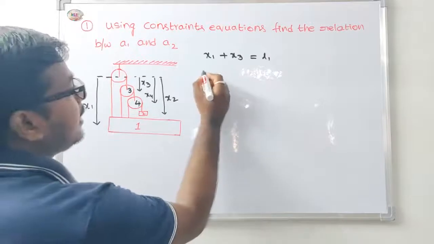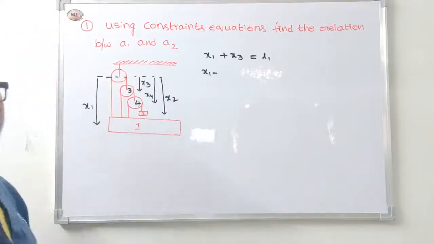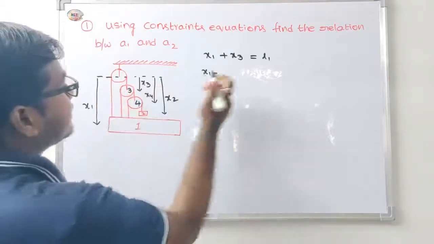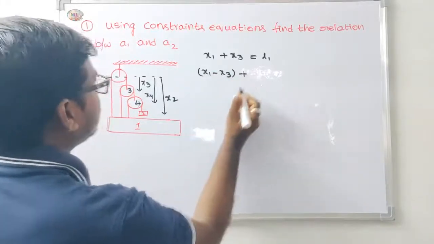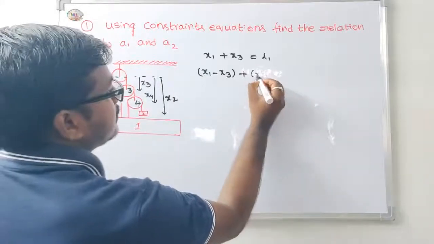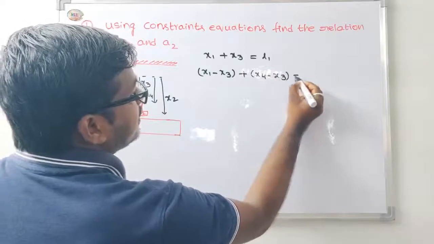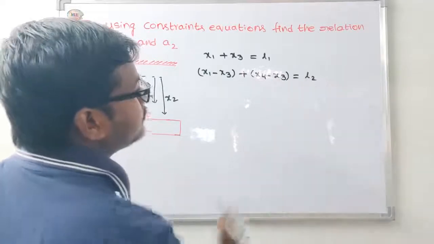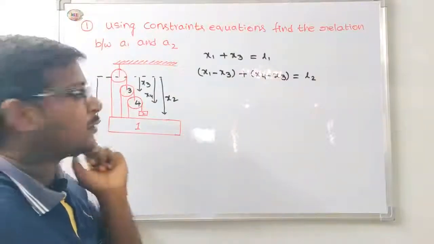Next, x1 minus x3 plus x4 minus x3 is equal to L2, the length of the second string.